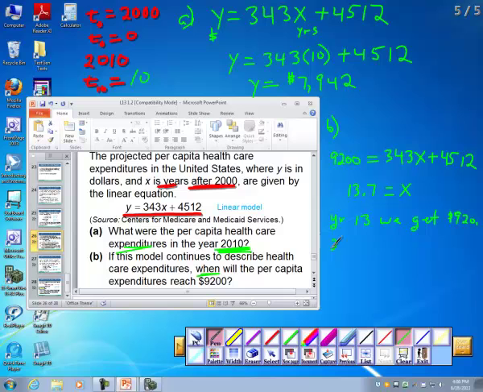So we take 2000 plus 13, and that would give us the year 2013. All right, good. That one was a little bit trickier because you've got to go back and figure out the year, but you don't want to go over that. So our answer here is the year 2013. Okay? Questions with that? Okay.